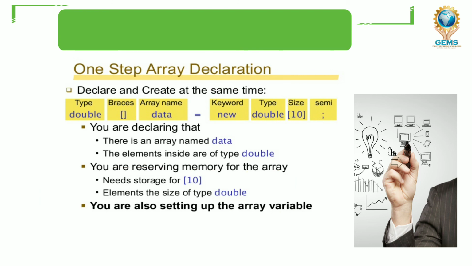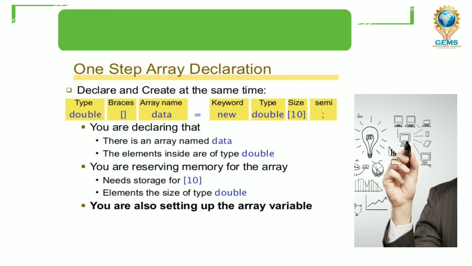Now, if you want to combine, in the previous slide we saw double, the data type, then braces, array name, semicolon, and again data equal to new double 10. It is called array initialization. So array declaration is in one line, and array initialization of the size is on another line.